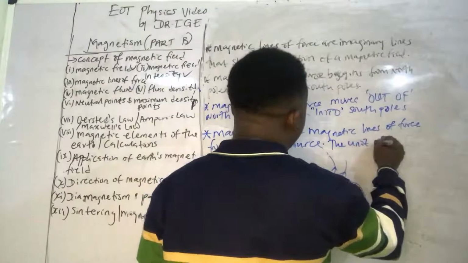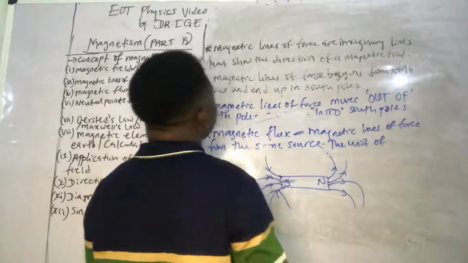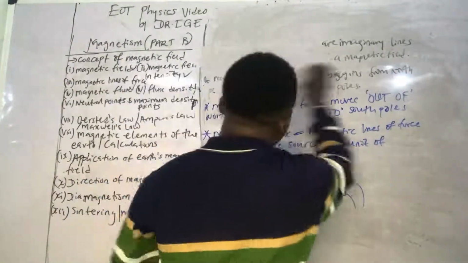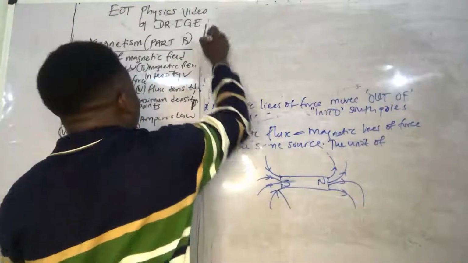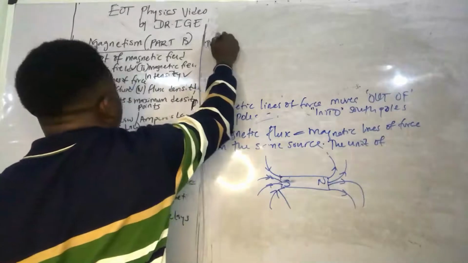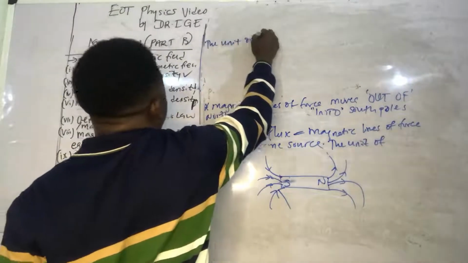And please take note that the unit of magnetic flux is the Weber. Let me come here. I'm going to erase this magnet with the lines of force because I will need it.